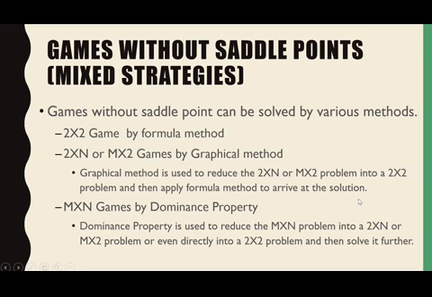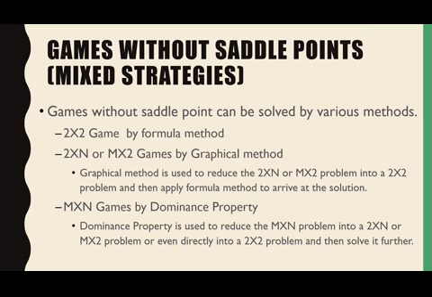Okay. The next stage is you have an m cross n problem. The problem is beyond the formula method and also beyond the graphical method. In that case, we have something called the dominance property.